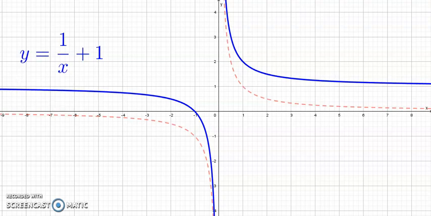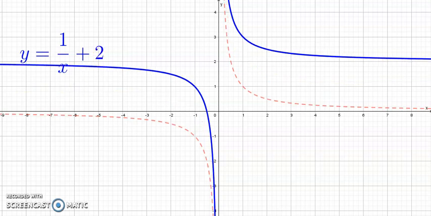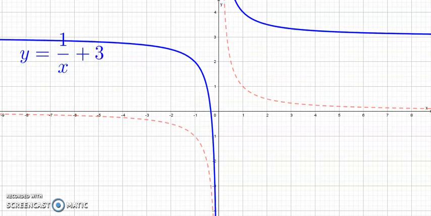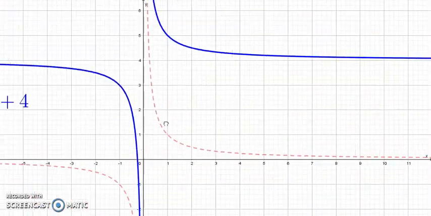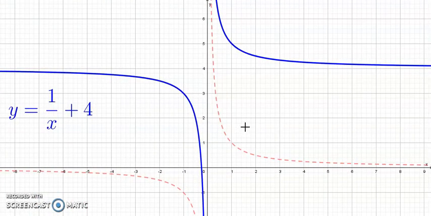Because all those numbers that were approaching 0, you've added 1 to them. So now they're approaching 1, and if you add 2, then they're going to approach 2. If you add 3, then they're going to approach 3, but never actually be 3. If you add 4, then the new horizontal asymptote becomes y is equal to 4.